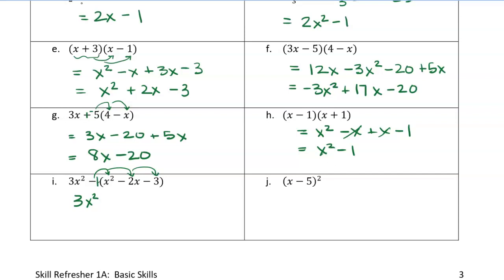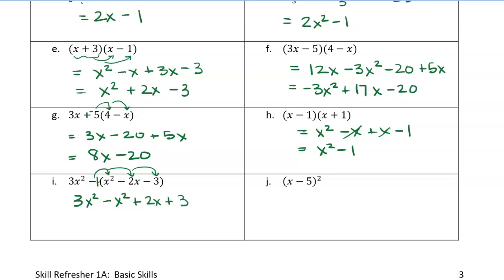All right, so I'm going to take negative 1 times each one of the terms that are in parentheses there. So I'm going to get a minus x squared, and then I take negative 1 times this negative 2x. I get a plus 2x, and then negative 1 times negative 3 becomes a plus 3.